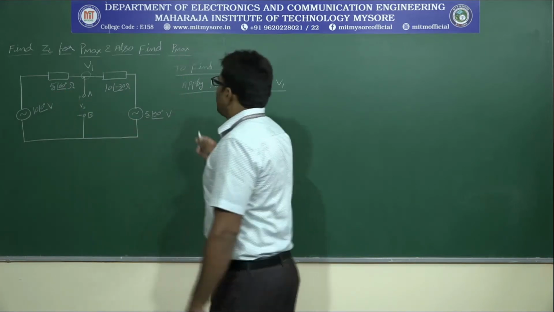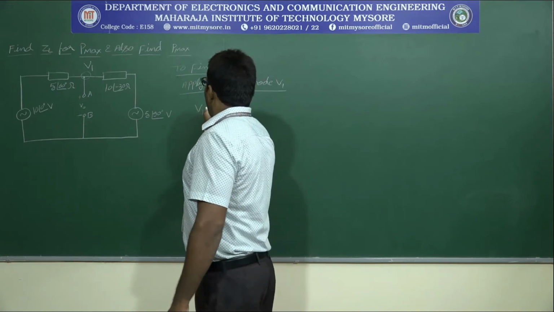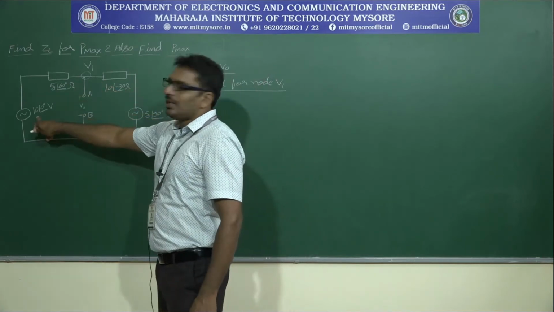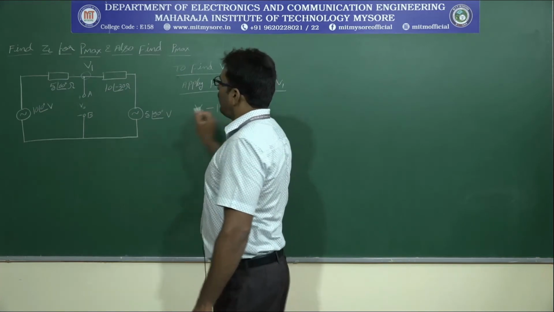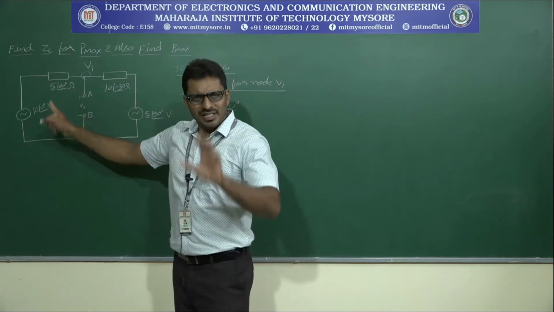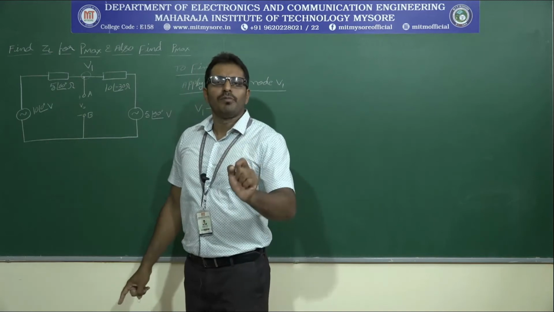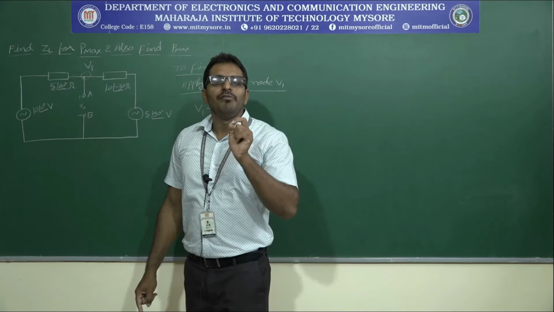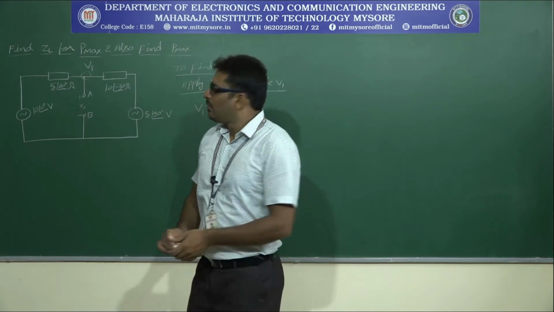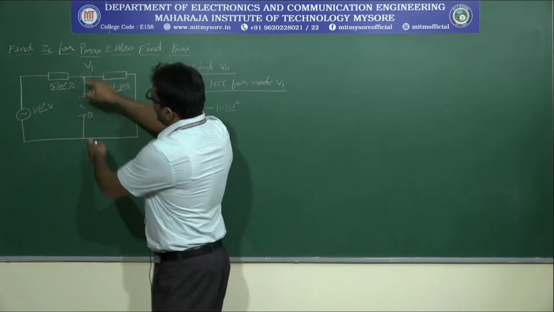Is that clear? Now, V1 minus 10 at an angle 0 divided by impedance, just like a resistance. By Ohm's law, what is I? V divided by R. What is V? V is nothing but potential difference. What is the potential difference across this branch?